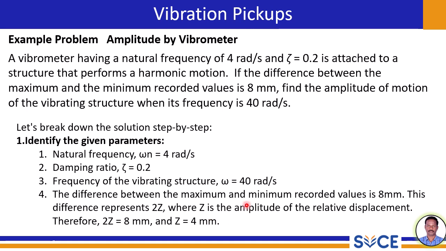It means the highest and lowest amplitude, that is, the upper curve and lower curve in the sinusoidal wave. So this is our 8 mm. So 2Z equal to 8 mm means Z equal to 4 mm.